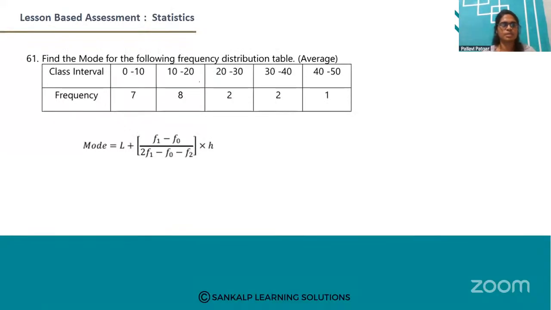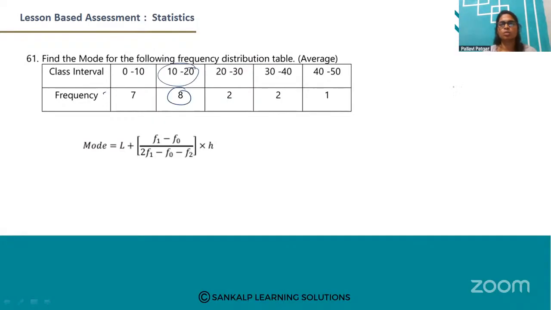Look at question number 61. Find the mode for the following frequency distribution table. Here, identify the modal class and relevant variables. The modal class is the class with the highest frequency. In this case, the highest frequency is 8, which corresponds to the class interval 10 to 20.